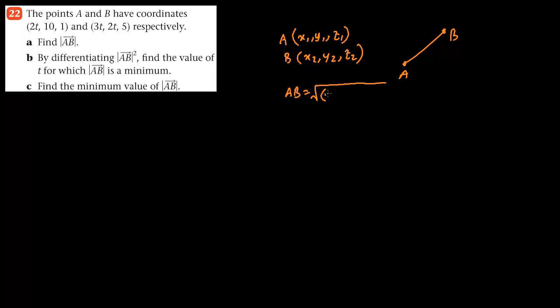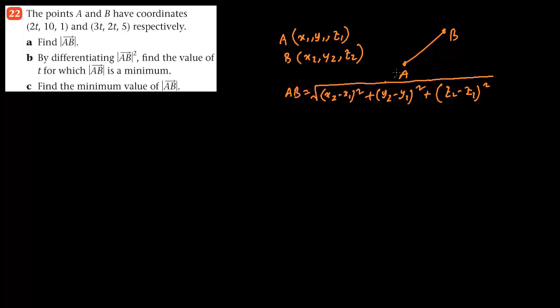So the rule for finding the length of a line or a vector is, if you have coordinates x1, y1, z1 and x2, y2, z2, then the length of the line AB would be the square root of the difference of x whole squared plus the difference of y whole squared plus the difference of z whole squared. That's it. And the square root would be above the entire thing.